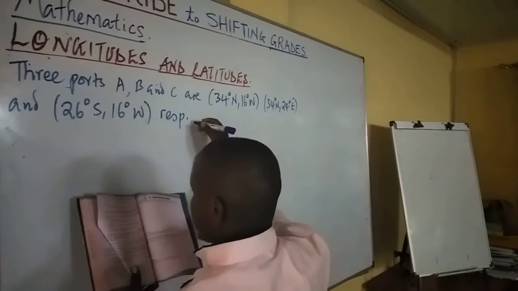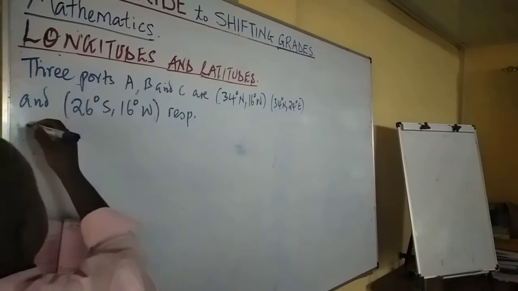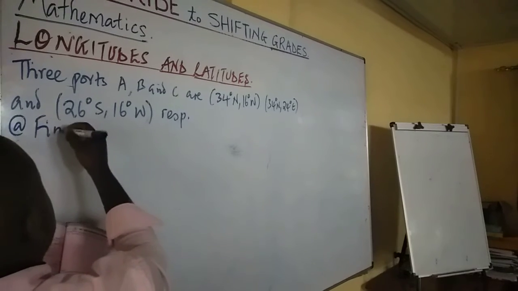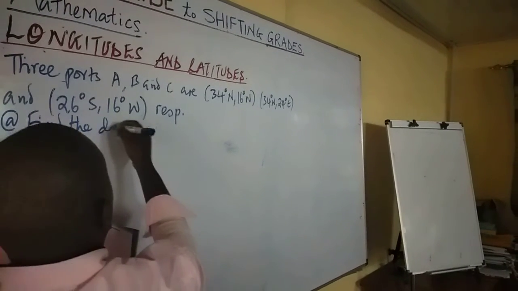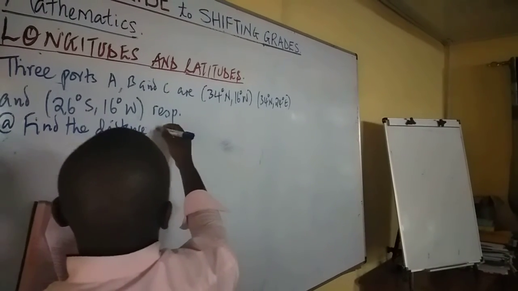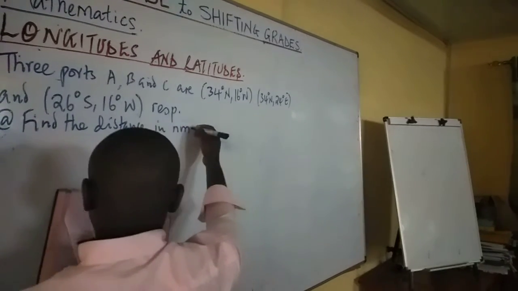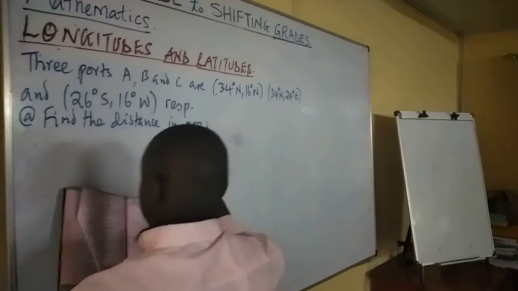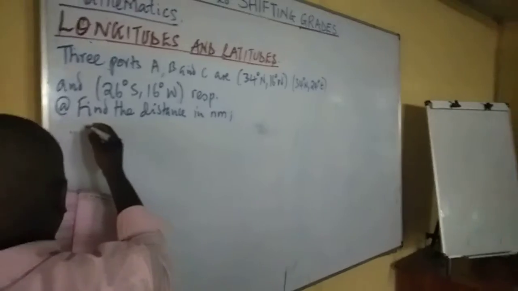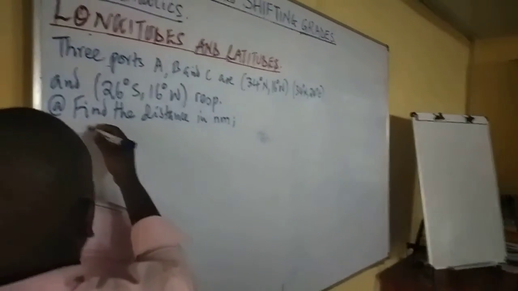Then you are told, find the distance in nautical miles.